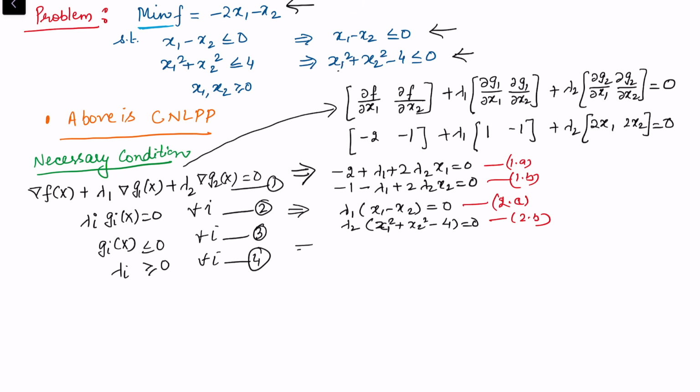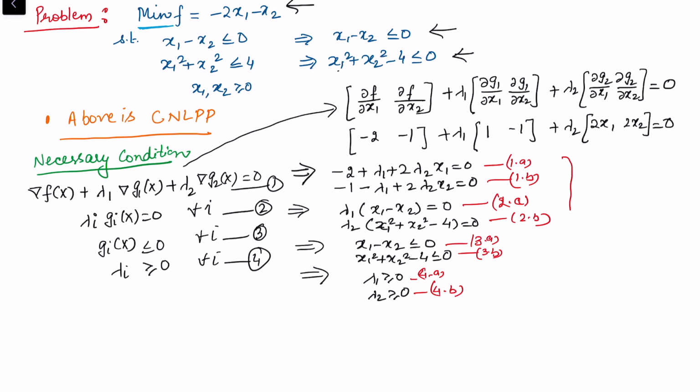Then for the third, we write x1 minus x2 less than or equal to 0, and x1 square plus x2 square minus 4 less than or equal to 0, and call them 3.A and 3.B. Finally, the last one, we need lambda 1 greater than or equal to 0 and lambda 2 greater than or equal to 0, so these become 4.A and 4.B.